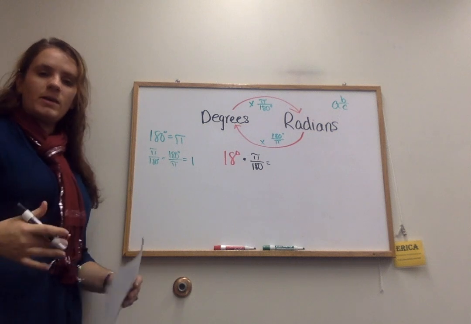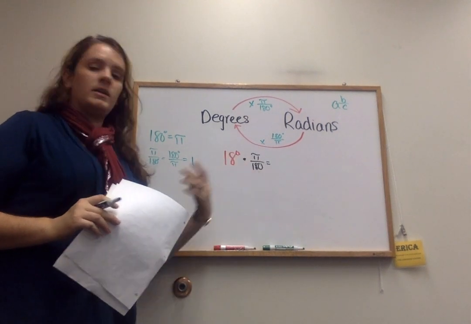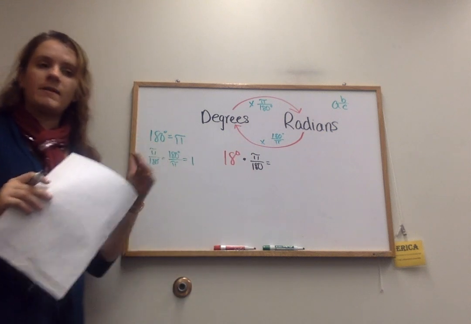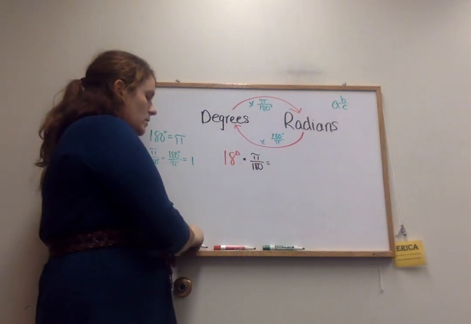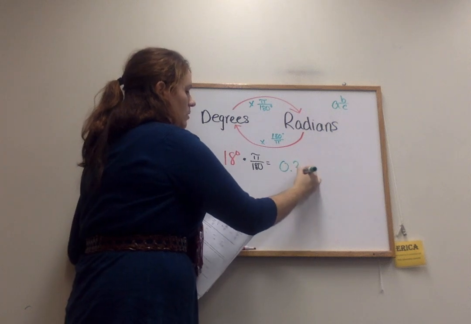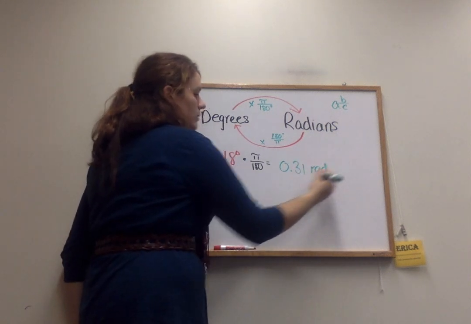It's just this time when you actually try to evaluate this, you're going to type this whole thing into the calculator. 18 times pi, you should all have a button that has pi on it, divided by 180. And when you do that, it gives you a decimal answer, which is approximately 0.31, and again, that's in radians.